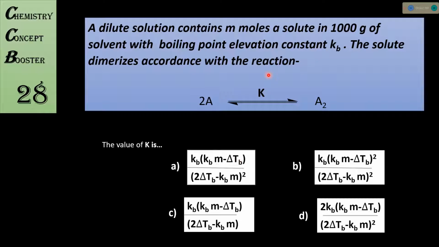In the question there is no mention of ΔTb, only Kb, which means the boiling point elevation constant. We all know ΔTb is the elevation of boiling point, that is T minus T0, where T is the boiling point of the solution and T0 is the boiling point of the pure solvent. So let's discuss the answer.